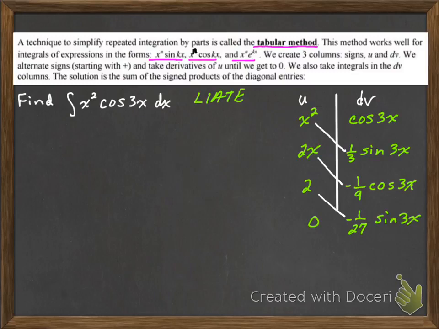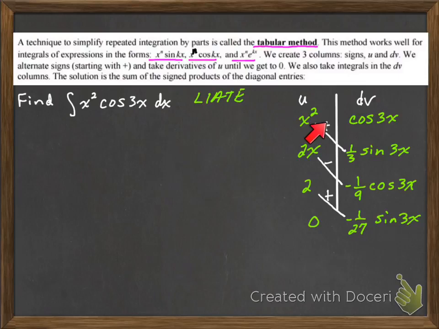Now, the first diagonal, we're going to put a plus on this diagonal. The next diagonal, we will put a minus. And then the next one is going to be plus. You're always going to alternate signs on your diagonals, however many it takes, and you're starting with the positive.